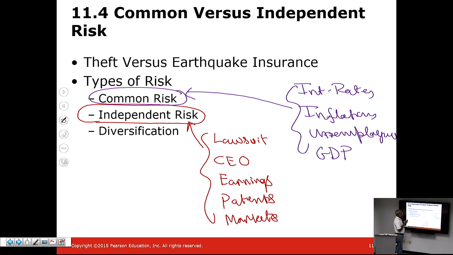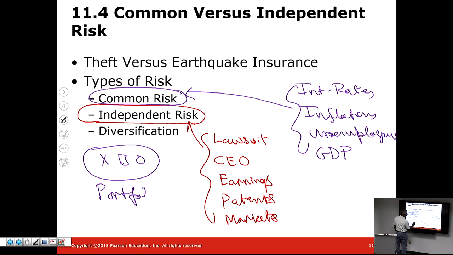With this understanding, if I begin to put individual stocks, we had different shapes of stocks, these three stocks, and we put them in one portfolio, what happens? Well, when I put these stocks into one portfolio, the independent risk that they each face may begin to cancel each other.